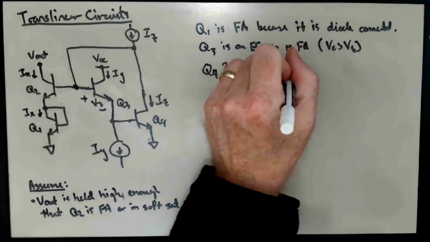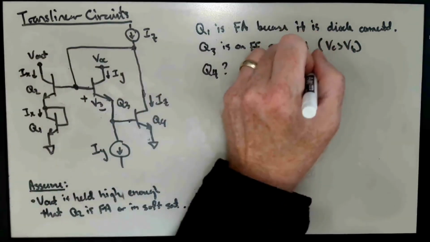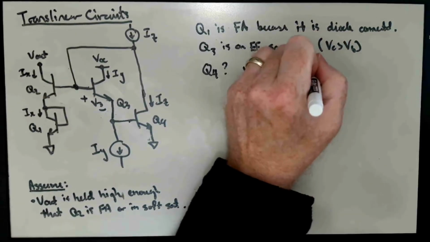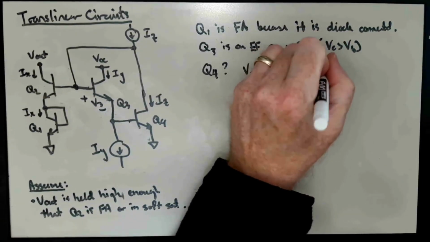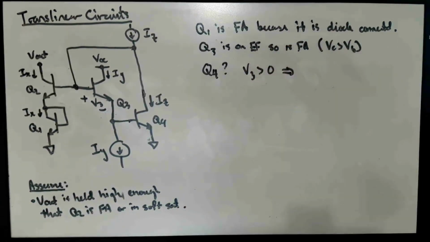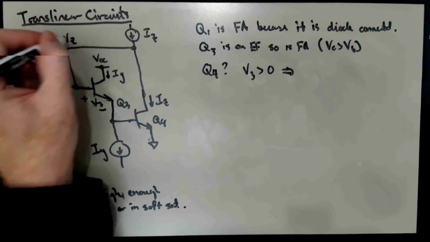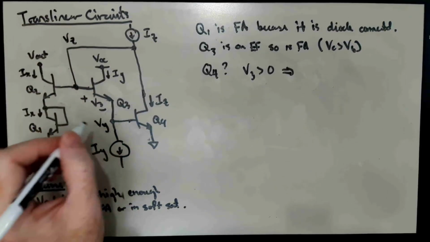And that means that the collector, Q4's, it's going to be easier if I just label these. So let me call this VZ and VY.